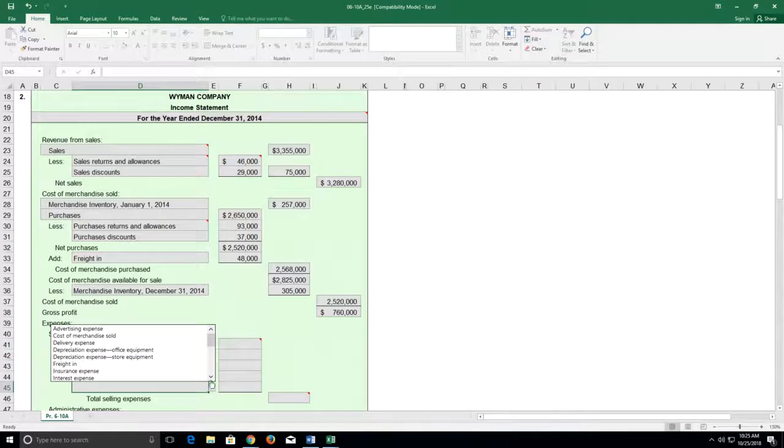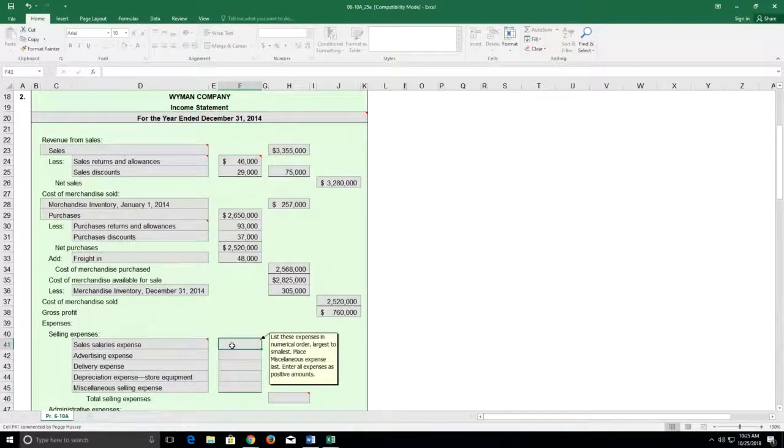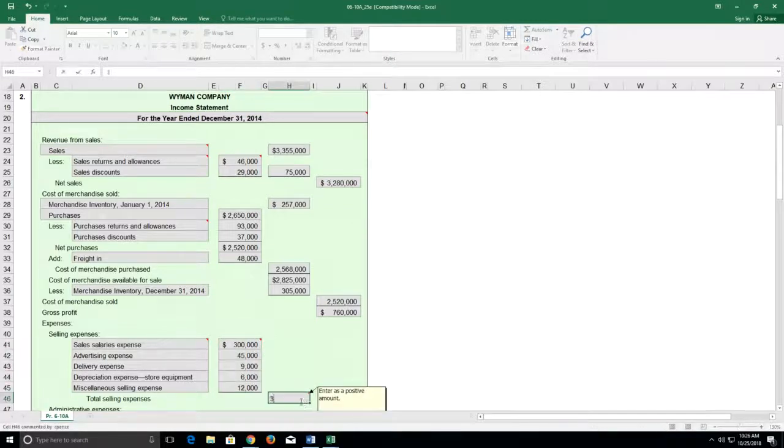And finally, miscellaneous. In the amounts of 300,000, 45,000, 9,000, 6,000, not 60, and 12,000. For a total selling expenses of 372,000.